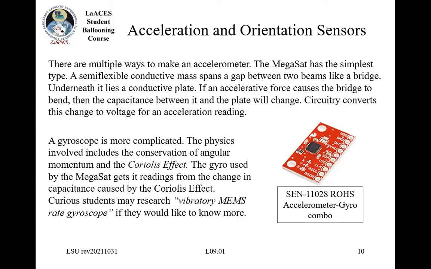If you want to read up on these, they're actually called vibratory MEMS gyroscopes. But like I said, I am by no means an expert on these things. This particular board is one of the boards that you'll get in the Megasat kit, and you'll be able to interface with this to get accelerations and rotation rates if you want.